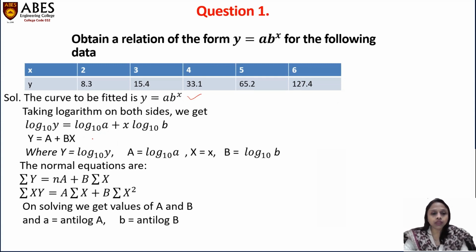Now we have to find the value of capital Y. We will replace capital Y by log y, capital A by log a, x will remain as it is, and capital B will take the value log b. So the normal equations for a straight line are given by this. Now, to find the values of capital A and capital B, we need to calculate these values from the given data.